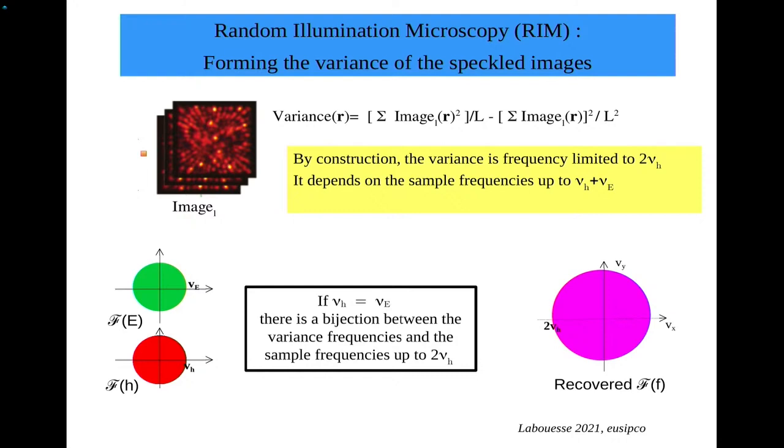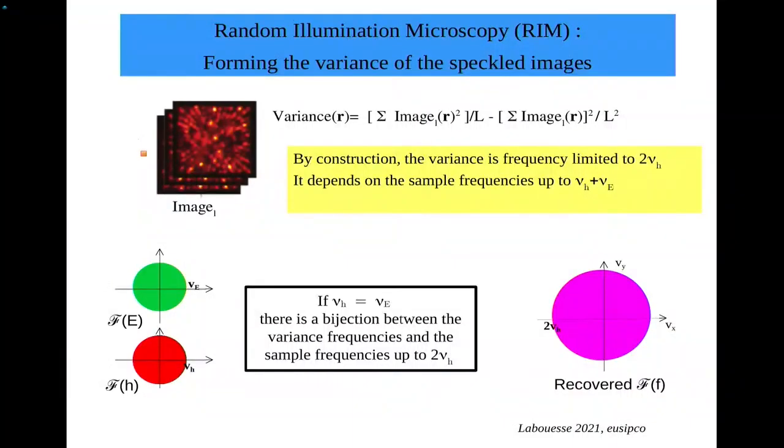This is why sometimes you have apparent super resolution by just taking the image to the power of 10. It will be 10 nu h, but of course it's not super resolution. So the variance, as it is related to the square of the image, will be frequency limited to 2 nu h. So now, if we take the Fourier transform of the variance, we have a huge disk which goes up to 2 nu h.